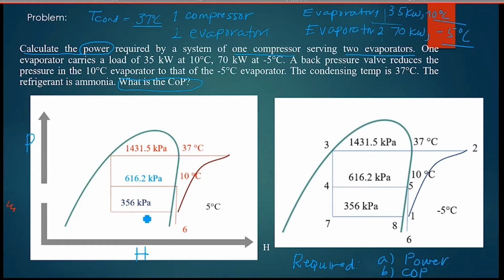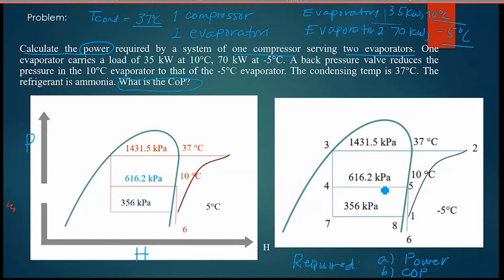So evaporator 1 is given a temperature of 10, and the other is -5. The question is, where are evaporator 1 and evaporator 2? Logically, evaporator 1 is at the higher temperature and higher pressure.